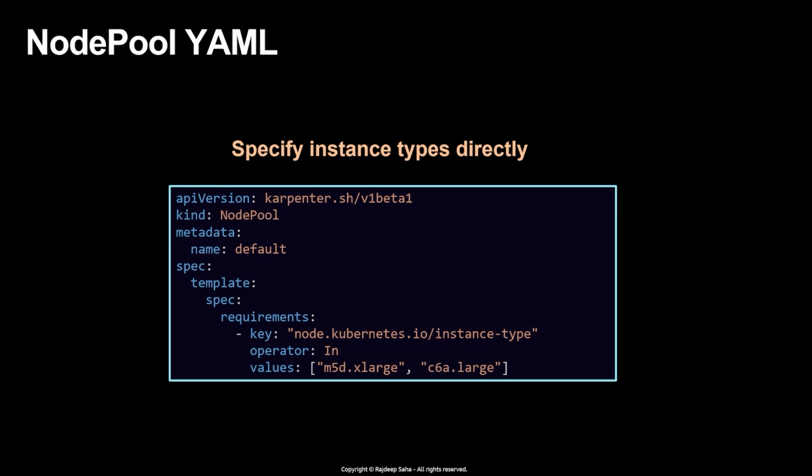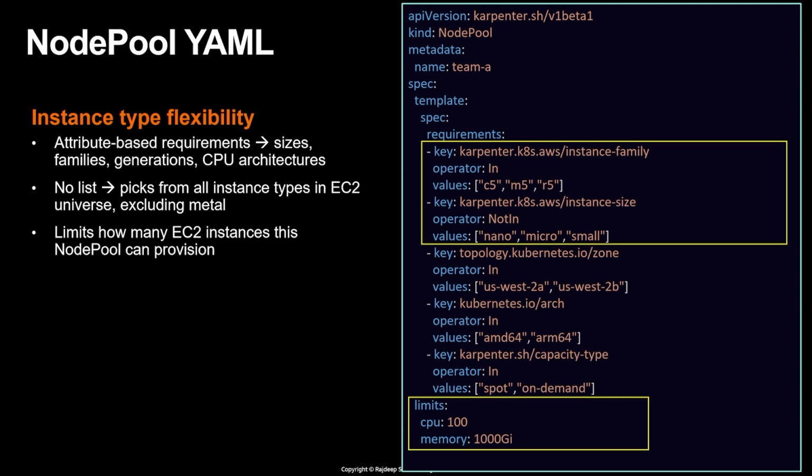And if I have specified just one type, Karpenter will only provision that specific instance type. Now remember I said these fields are optional. If you do not give any list, Karpenter will pick from all instance types in the EC2 universe excluding metal. You can also limit how many EC2 instances this NodePool can provision.